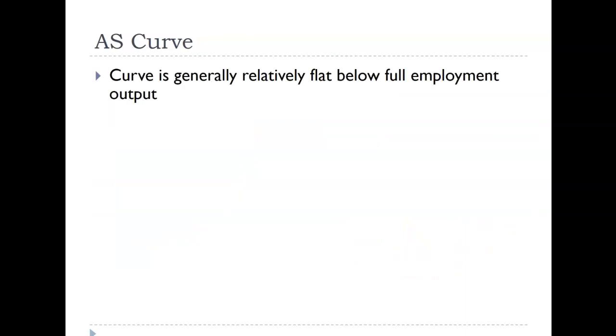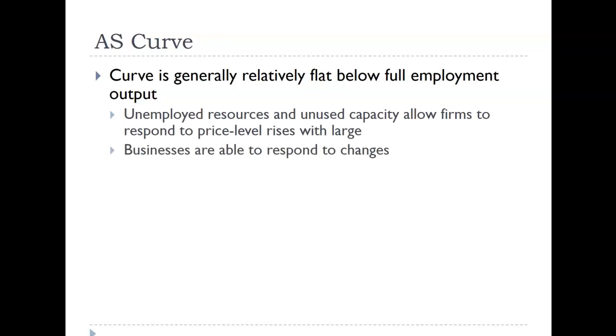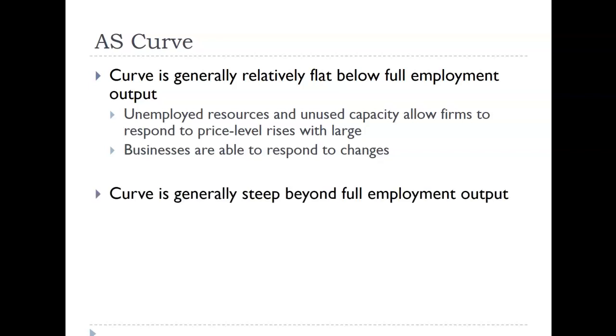The curve is relatively flat below full employment. Some refer to it as sticky wages and the Keynesian supply curve. It means the unemployed resources and unused capacity allow firms to respond to price levels in general. If we're really far below our full employment levels, and people need jobs, we need to start producing, and I don't need to pay a lot more money to them.